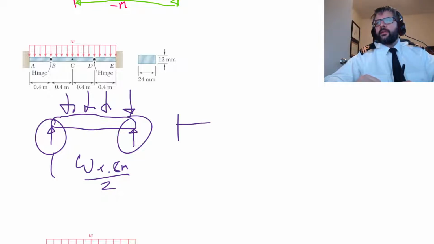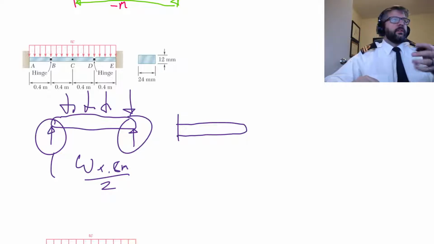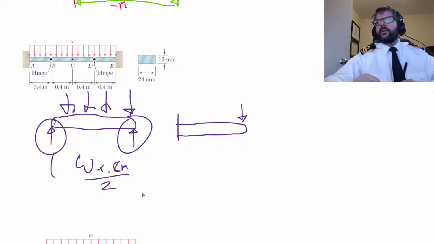And then essentially at A, we've got again the force from the hinge B. Hinge B is going to be pushing down on the cantilever AB, and then we've still got that distributed force here as well.